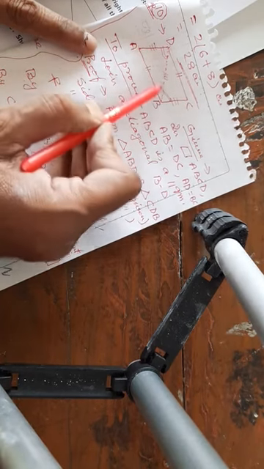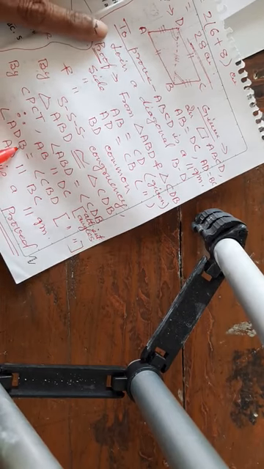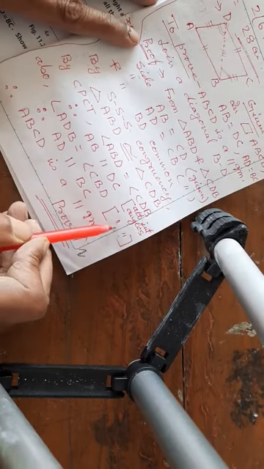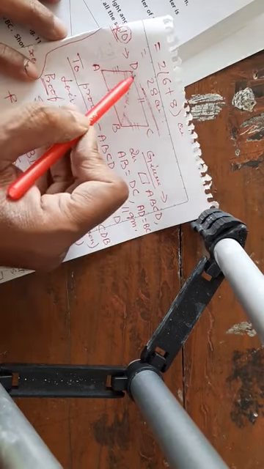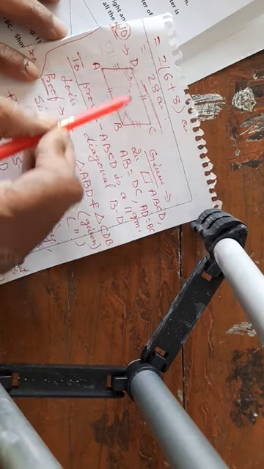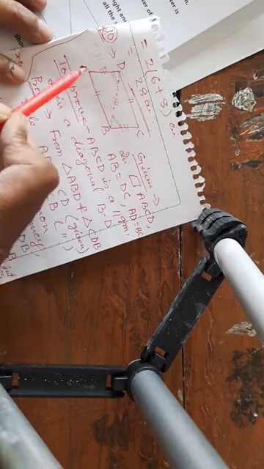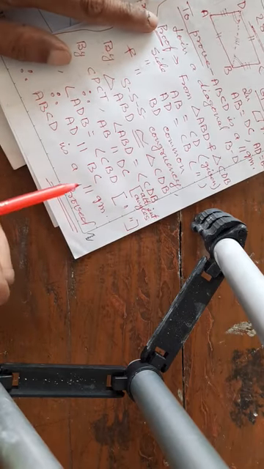These two angles are alternate interior angles. Alternate interior angles are equal, so the lines are parallel. Therefore AD parallel BC. Here AB parallel DC, AD parallel BC. Therefore, ABCD is a parallelogram. Hence proved.